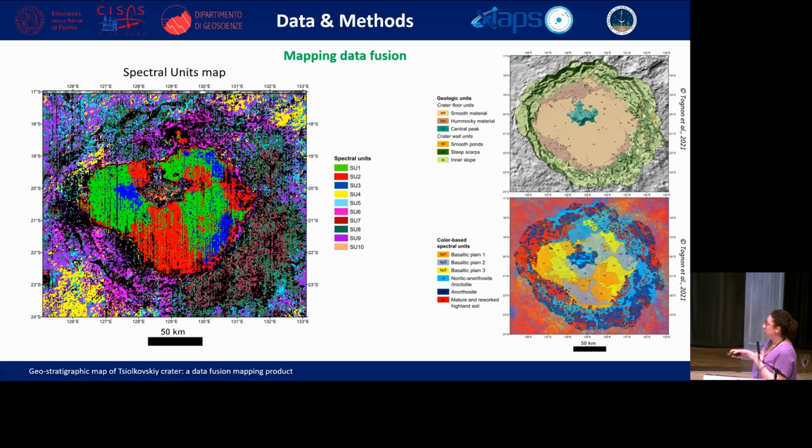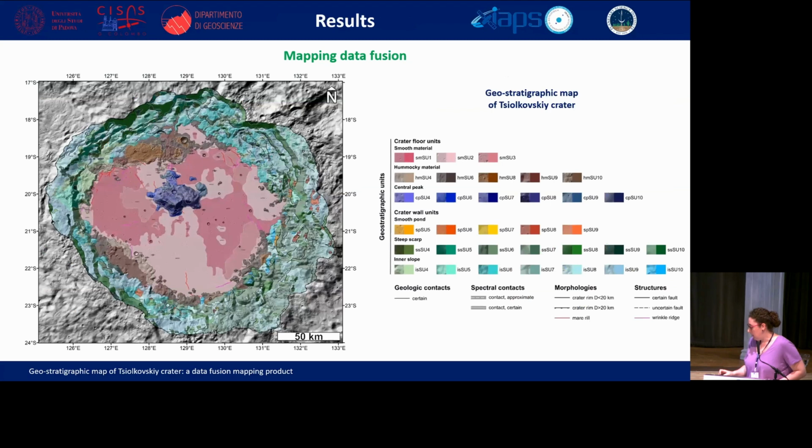We used as the starting base for the new contacts the contacts previously digitized for the Clementine-based map. Our final product is a geostratigraphic map, including morphologic, stratigraphic, and compositional information.